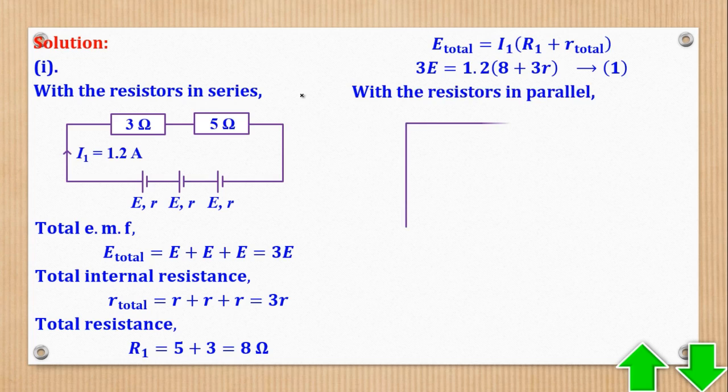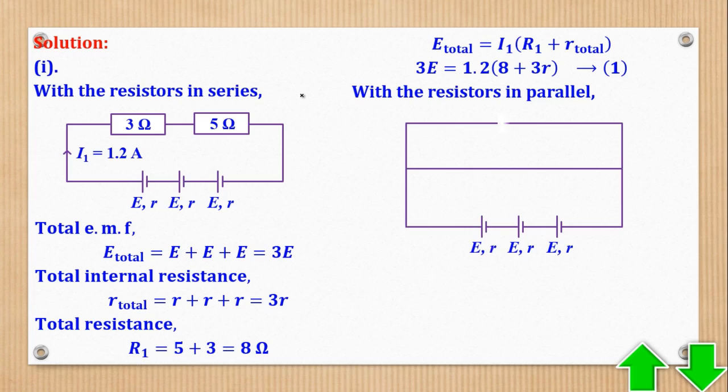What about when they are in parallel? Remember, the cells, they are maintained, they are always in series, but the resistors, they are now in parallel. So we shall again redraw our circuit diagram to arrange them in parallel, and the current now changes to 2.2 as we saw in the question.